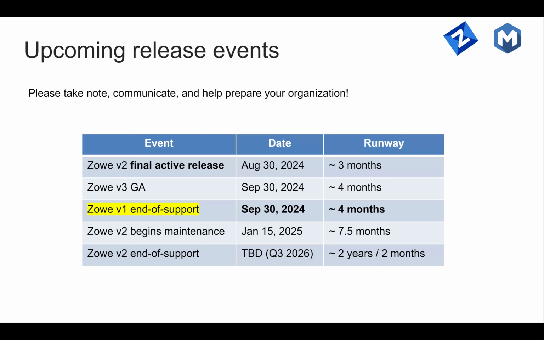That means that Zowe V2 will be transitioning into maintenance, only receiving fixes and security patches. We expect the first maintenance release to be delivered in early January. And then, of course, V2 will remain on support for several years.